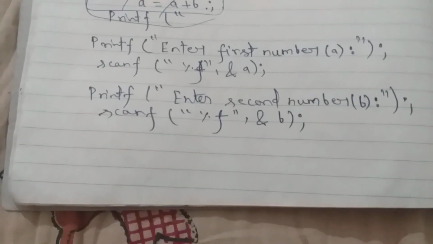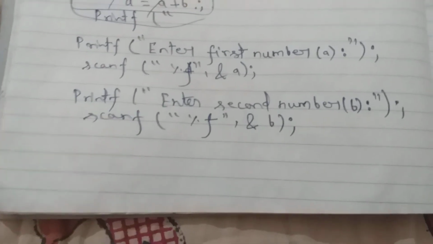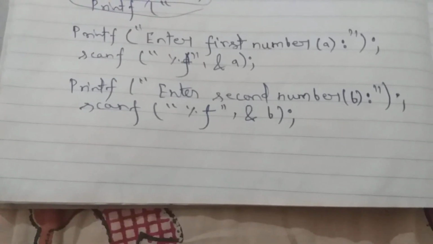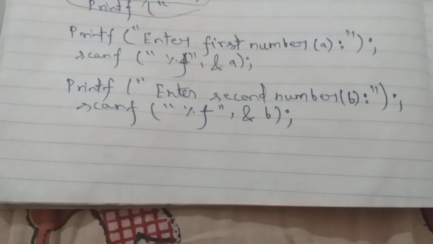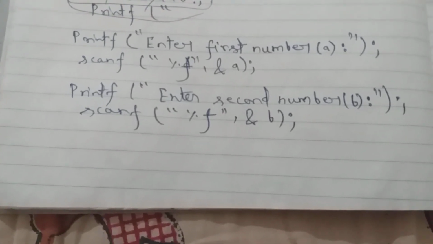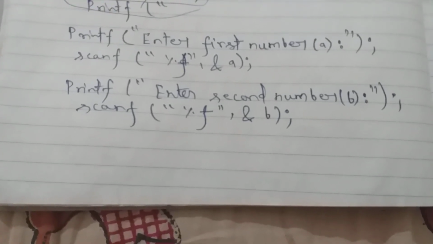After that we will print a message to take the inputs as variables. Enter first number a, and we will scan it as percentile f as a, because a is a float type value. Similarly for b, enter second number b, and we have scanned it as percentile f as b.